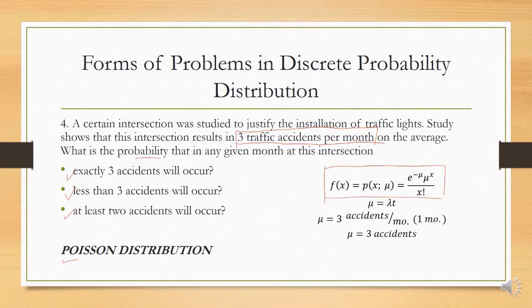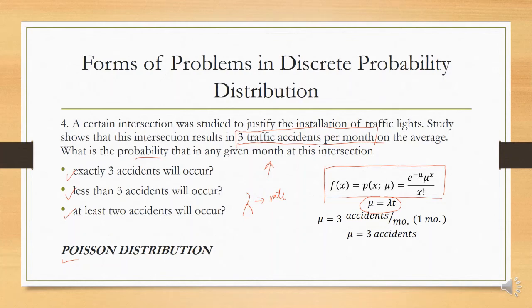Okay, to get the mu, ang mu natin is equal siya sa lambda, or yung lambda natin is actually yung rate na sinasabi dito sa problem. Okay? So, we have to multiply it by the time.